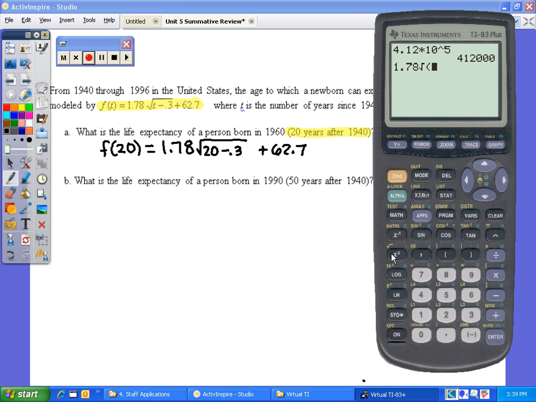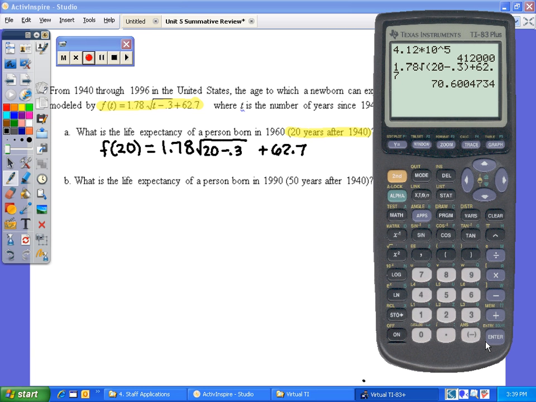Second, there's a square root. 20 minus 0.3, close the parentheses, and then plus 62.7. You just put it all in your calculator just like that. And press enter, and there it is, 70.600, which is approximately 70 years old.